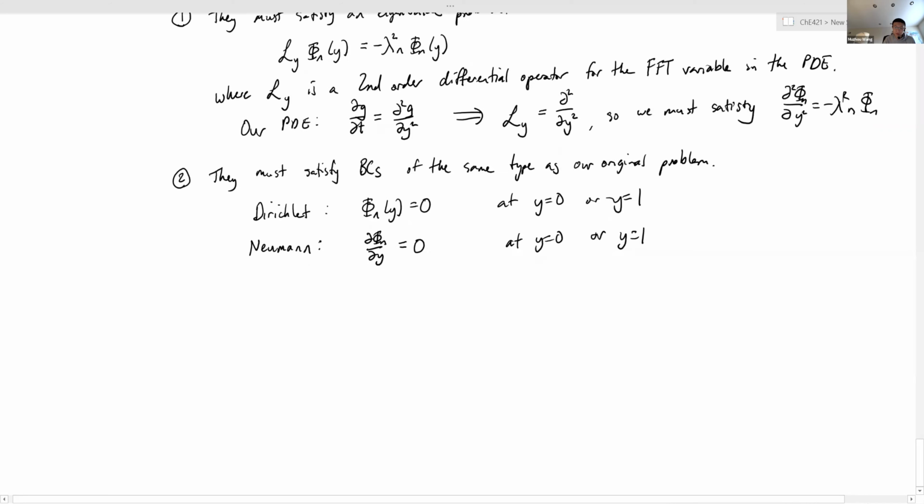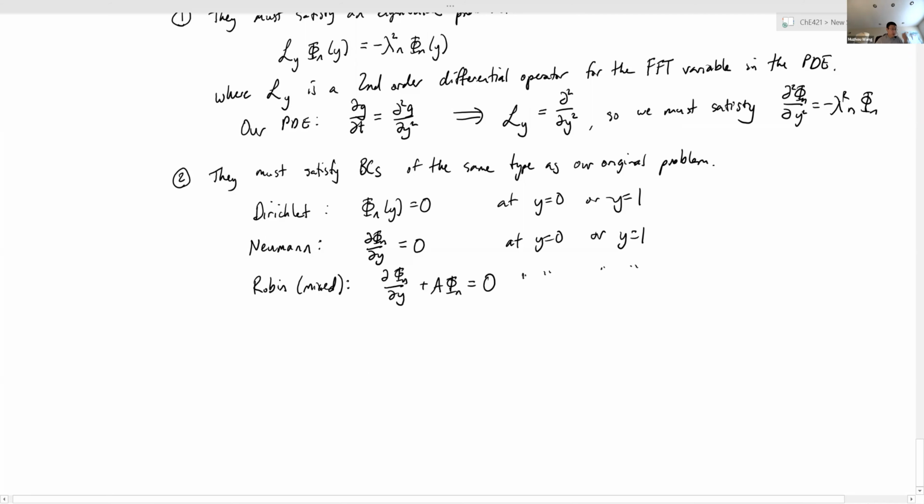And then this is called a Neumann, the second one's called a Neumann boundary condition, if you want to know how to pronounce it. The third one is called a Robin boundary condition. And that's basically that some linear combination of the derivative and the original thing is equal to 0. Again, at y equals 0 or y equals 1.